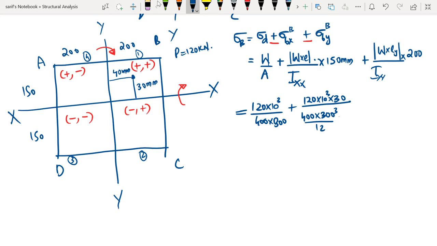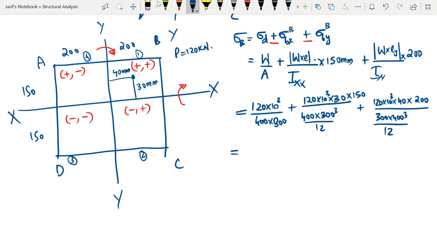So that is Ixx multiplied by 150, plus again 120 into 10 raised to 3 multiplied by the eccentricity about the y-axis, 40 mm, multiplied by the distance 200, the whole divided by Iyy. Iyy is going to be 300 multiplied by 400 cube divided by 12.